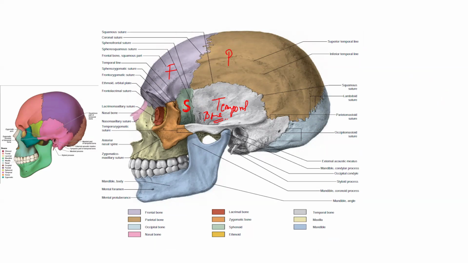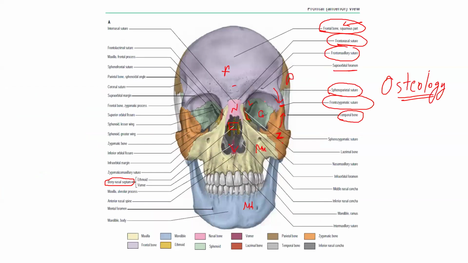This is the reason why the different views of the skull are important, because there are some bones which we see in the lateral view, some bones in the front view, superior view, and interior of the cranium. So different bones are visible, and we understand them very nicely in different views. Okay. So this is the temporal bone, right?